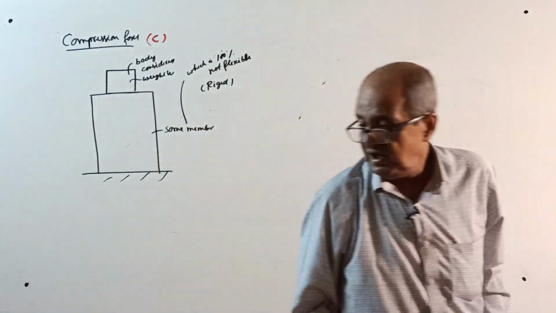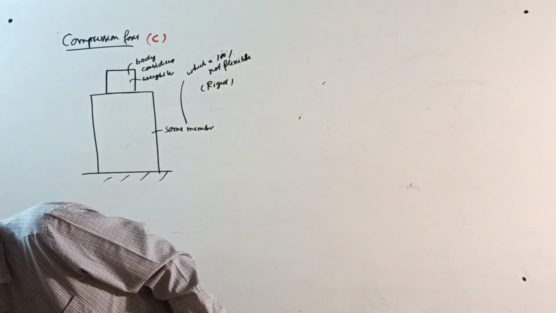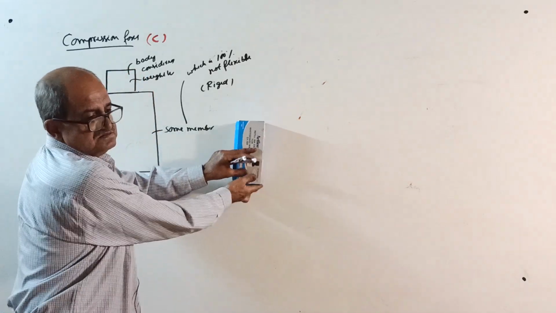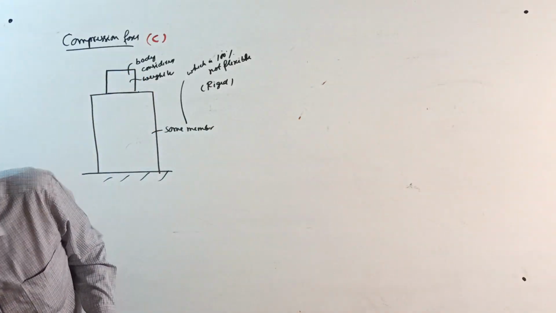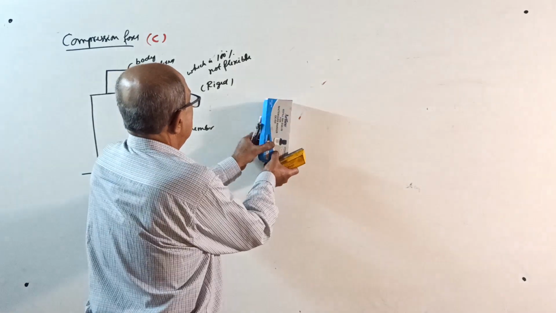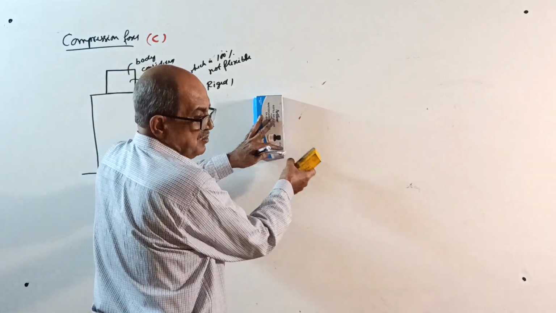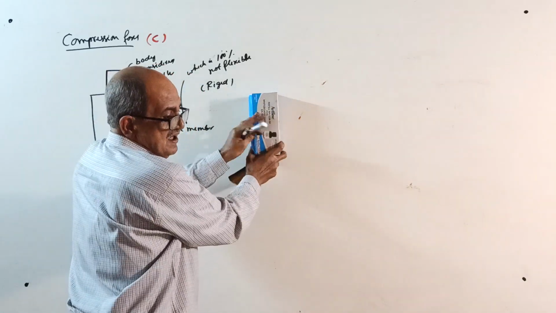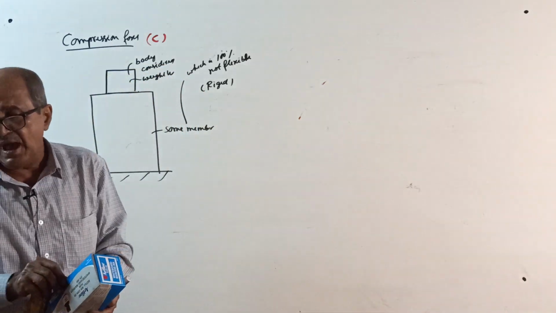Now, I'll give another example for you. Consider a body, some object placed here. Over the body, you place a weight, a smaller weight, so that it will happily stand there.